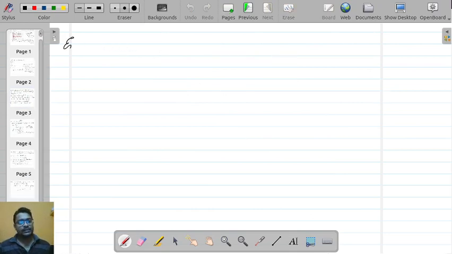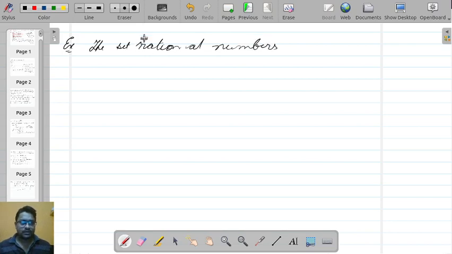Okay, another example which you may try to think about is the set of non-zero rational numbers. This also I had mentioned in the earlier classes. The set of non-zero rational numbers with respect to multiplication is a group.